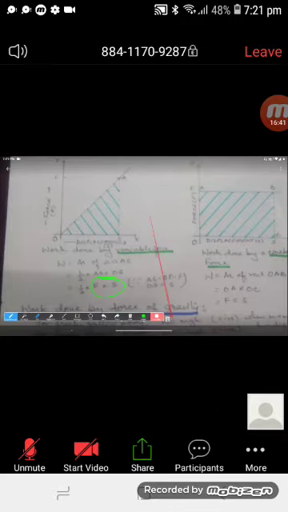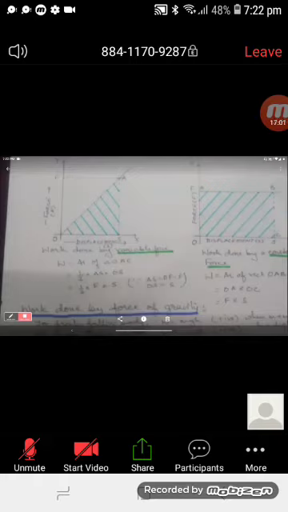Now AS represents the force F, whereas OS represents the displacement S. So the area is half force into displacement. Force into displacement is work. Therefore, the area enclosed within this graph is going to give us the work done.